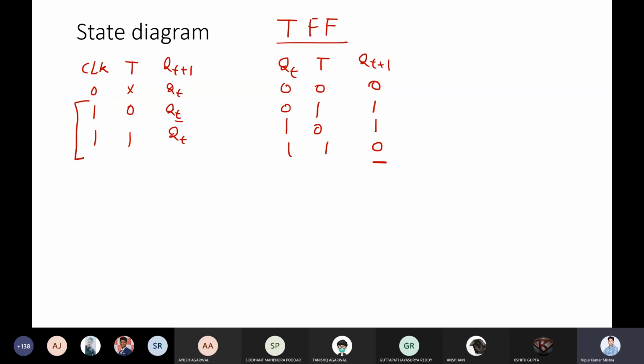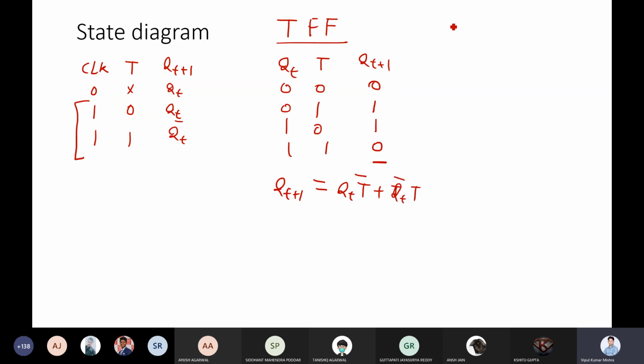Is there any specific thing that you found? So what will be the Qt plus 1? Qt XOR T. It looks like it's acting like an XOR. So you can say Qt T bar plus Qt bar T.